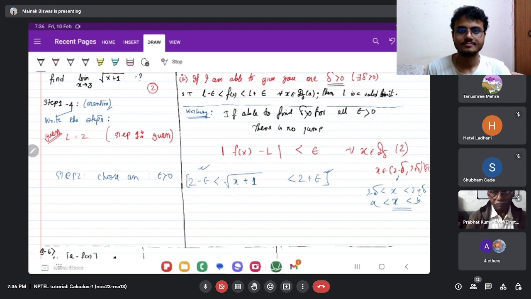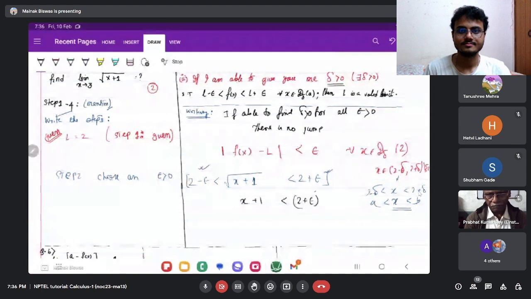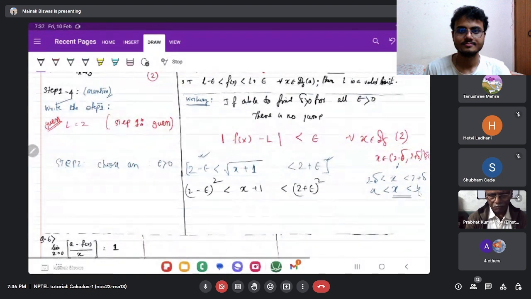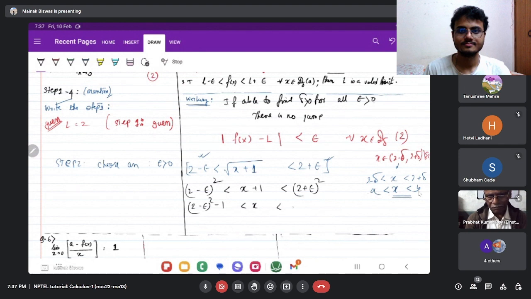If we can make x the subject of this problem, we'll be able to solve this. So just squaring all sides, x plus 1 would be between 2 minus epsilon squared and 2 plus epsilon squared, right? So x would be between 2 minus epsilon squared minus 1 and 2 plus epsilon squared minus 1.